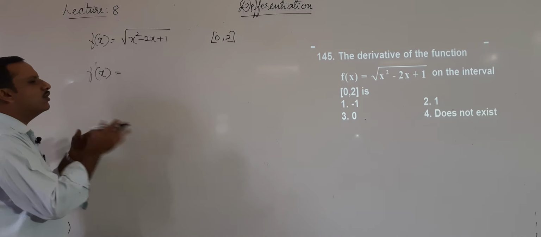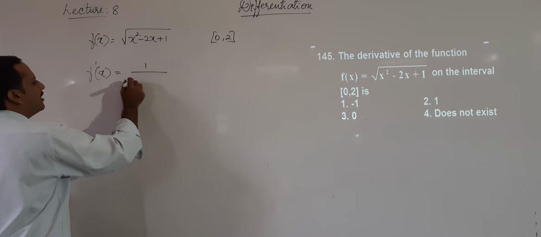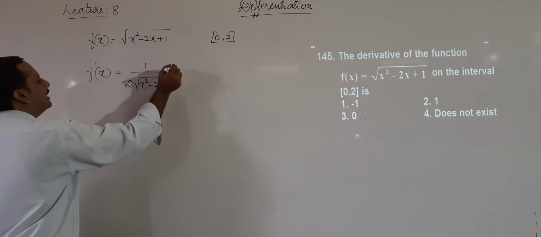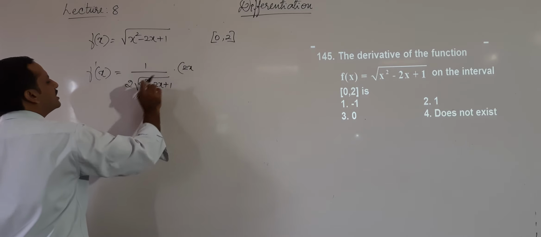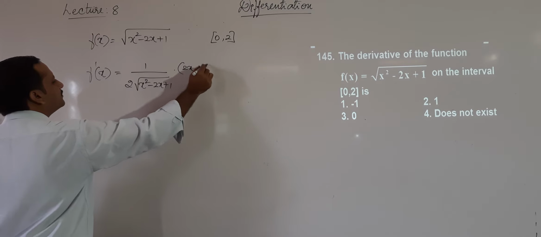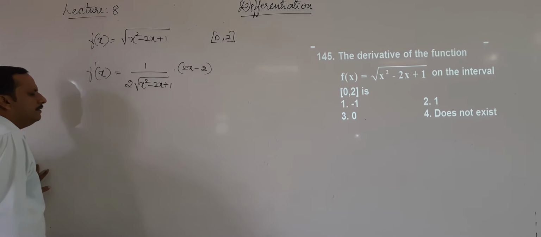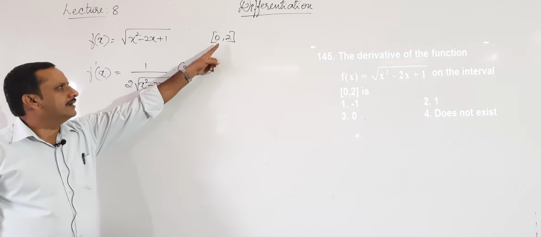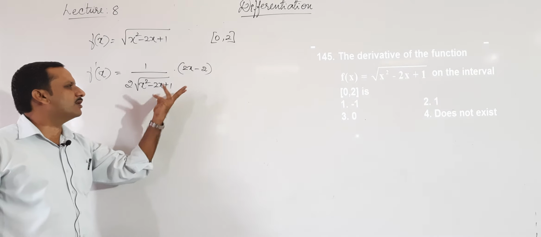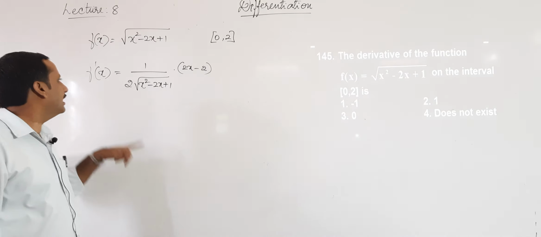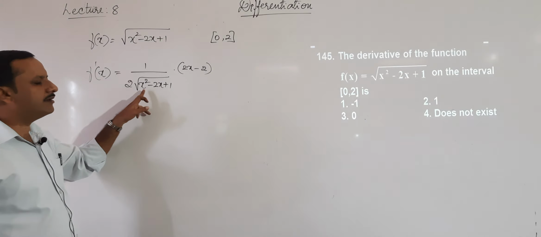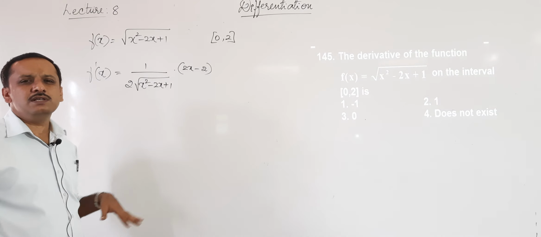So you directly go for its differentiation, derivative: 1 by 2 root of x square minus 2x plus 1 into the derivative of this, which is 2x minus 2. Now in this interval you substitute all the points and check. I will take 1. If I put x as 1, numerator is 2 minus 2, which is 0, denominator is 1 minus 2 plus 1, denominator also 0.